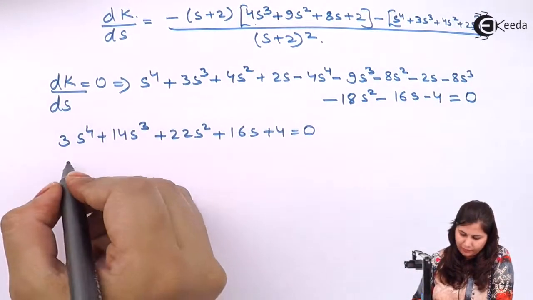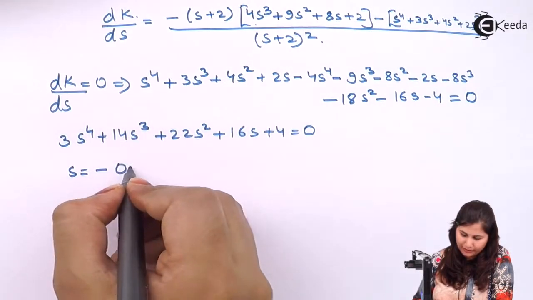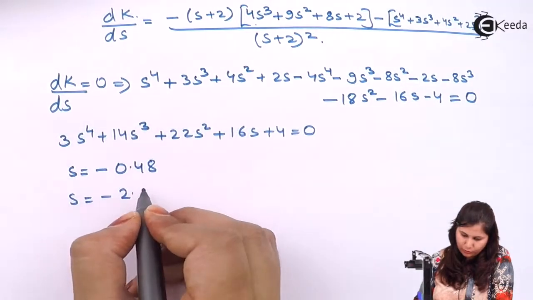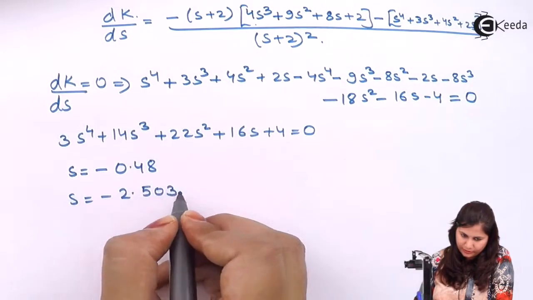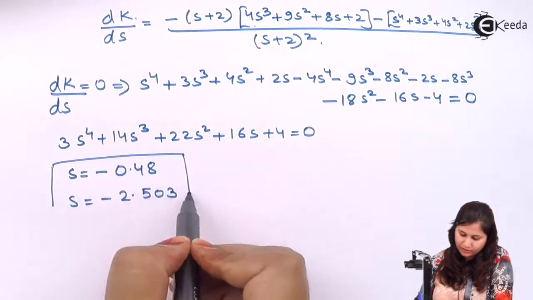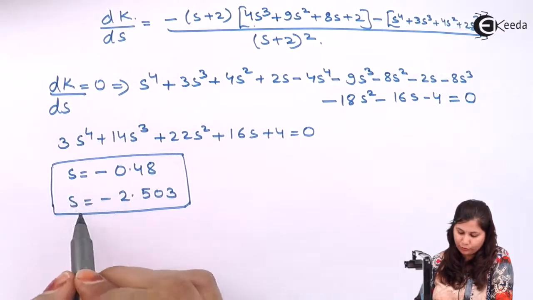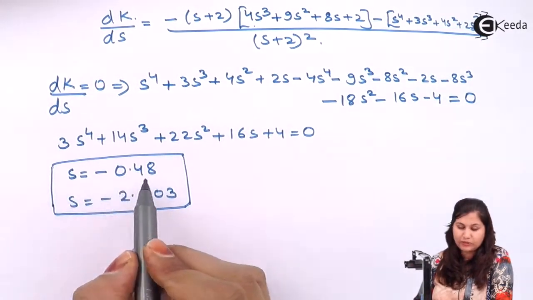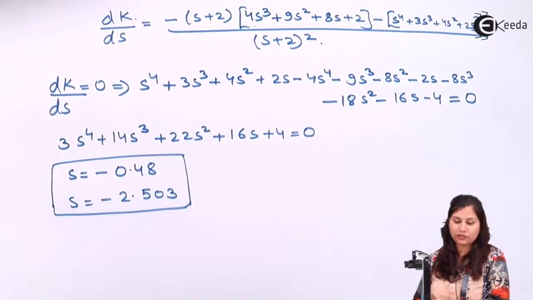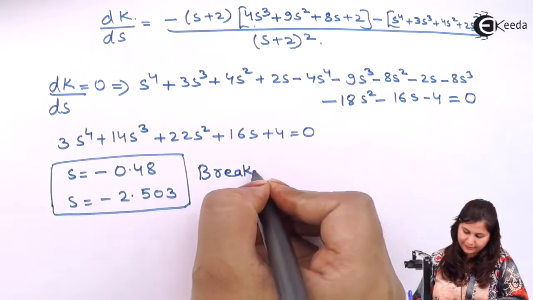So the breakaway points we get are s equals minus 0.48 and s equals minus 2.503. Okay, so these are the two values, because we have s to the power 4 here. So these are the two breakaway points.